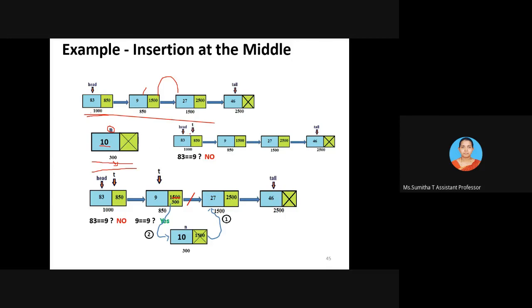Here I'm denoting the first iteration. I have the t node, that means this temporary variable is denoted to the head node. Next, it moves on to the next node, after that to the third node, after that to the fourth node, until it reaches the tail node.